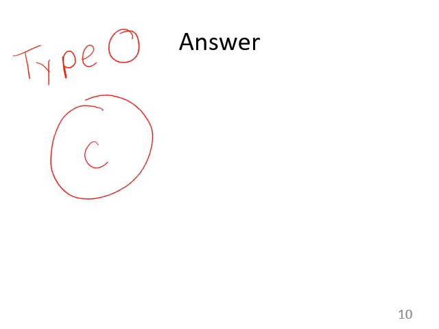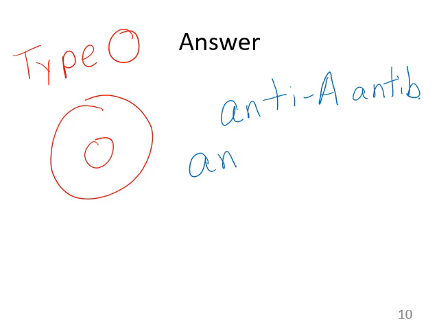Let's take a minute and do one ourselves. Our example asked us about type O blood, and we're not hitting RH yet. Here's our cell. No antigens on the surface. So we are going to have anti-A antibodies and anti-B antibodies.